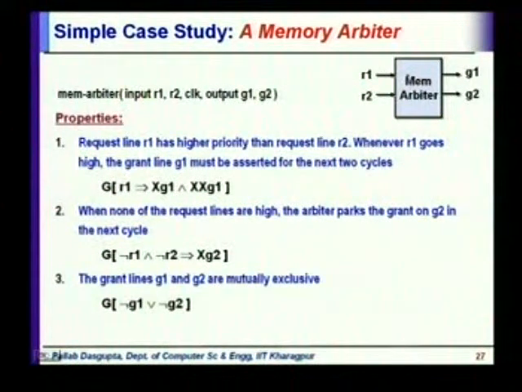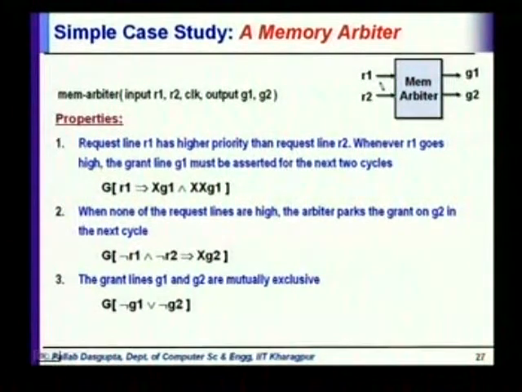Now the arbiter has the request lines, typically one is from the processor and the other is a direct memory write from the peripherals, right. Now typically what happens in such arbiters is that the high priority line becomes active only once in a while and that gets priority.